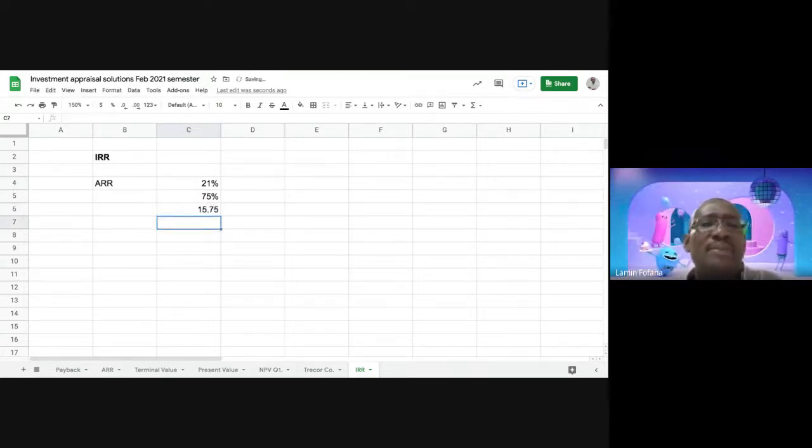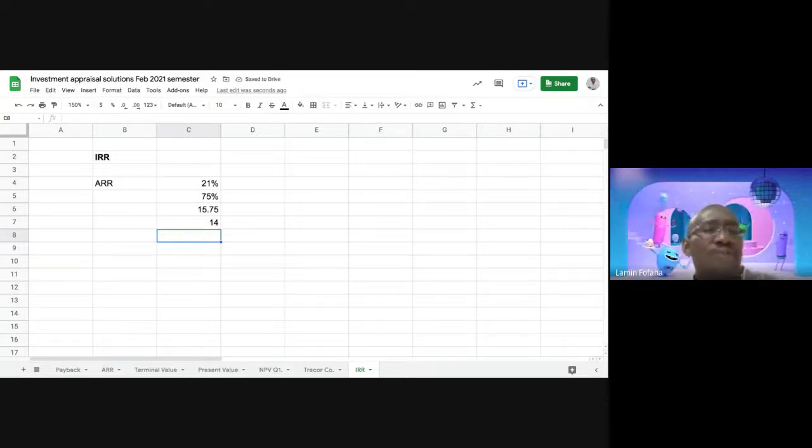This is just an estimate. You don't have to do it, but it helps you to have a good starting point. Let's say that's about 15.75, so we can round it up to 16%, or we can round it down to 14%. It doesn't matter, it's just an estimate.